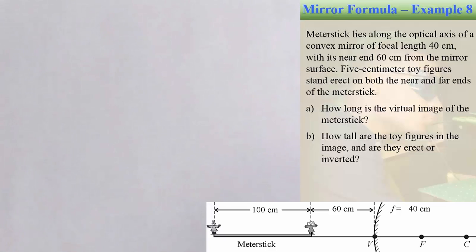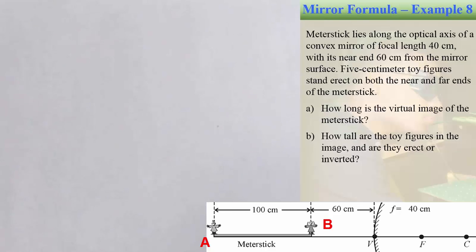As you can see, in this problem we have two toy figures, one at a farther distance from the mirror and one that's closer to the mirror. We are going to label the toy figure that's farther from the mirror as toy figure A, and the toy figure that's close to the mirror as toy figure B. For both toy figures A and B, we are going to figure out the distance from the mirror.